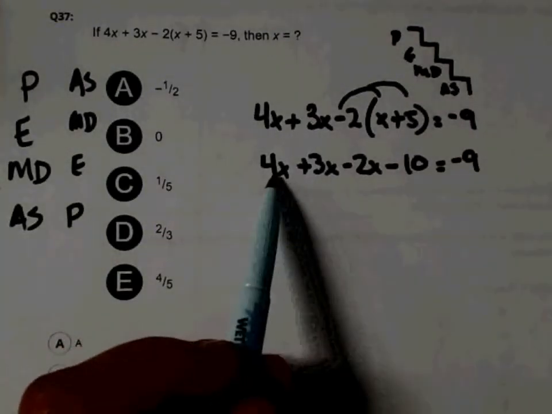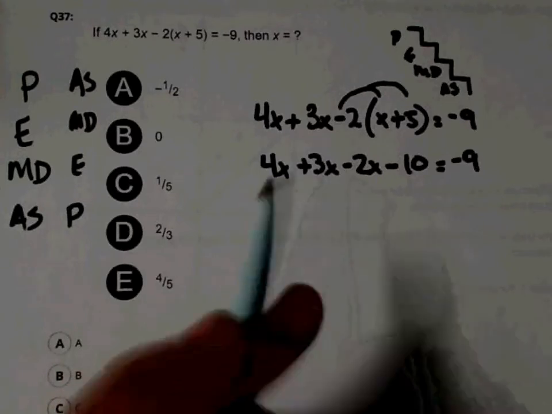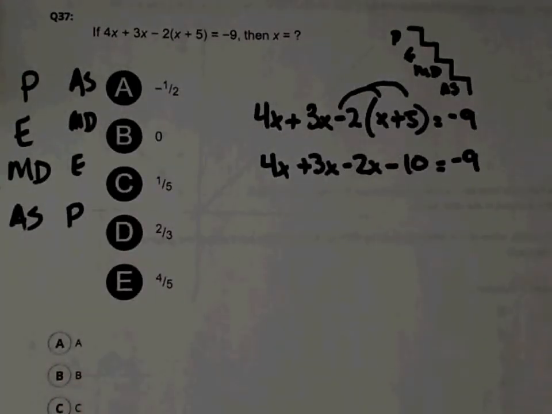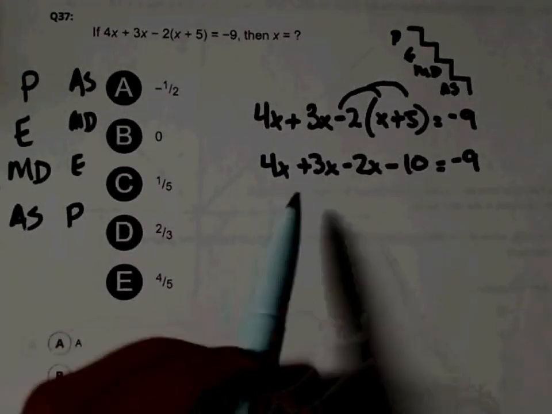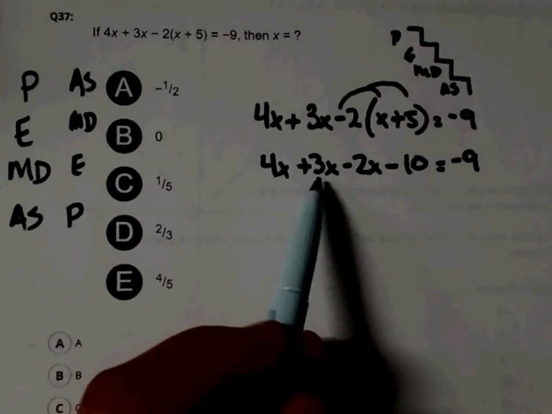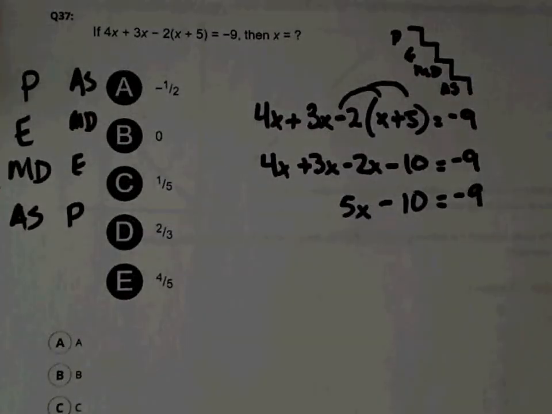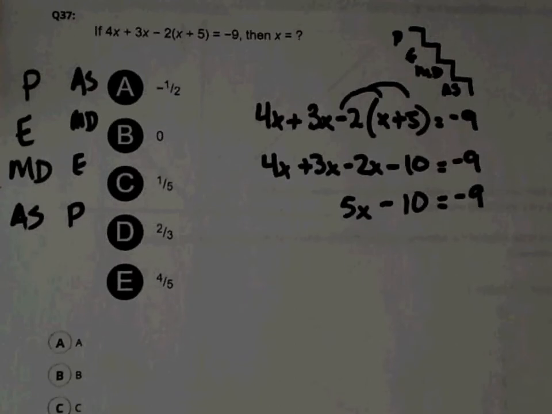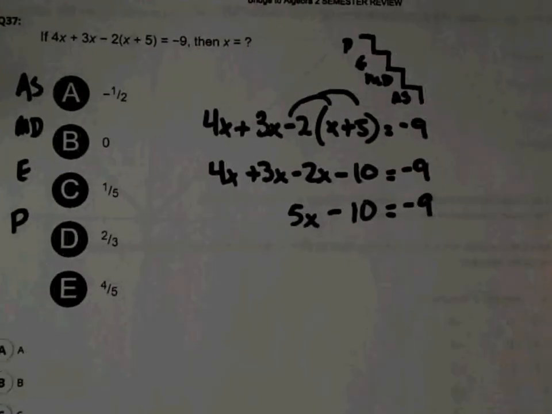And so 4x plus 3x minus 2x gives me 4x plus 3x is 7x, minus 2x is 5x minus 10 equals negative 9. Any more adding and subtracting can I do? I cannot. And so now, since I'm at the bottom, I'm going to work my way back up the steps.